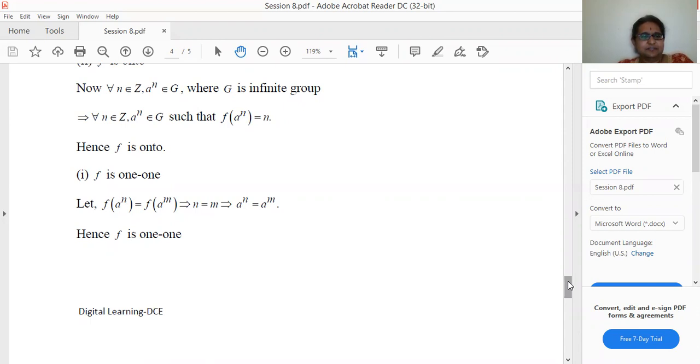That is, if addition is the binary operation for the domain and multiplication is the binary operation for the codomain, then it has to satisfy f of g1 plus g2 is equal to f of g1 dot g2. Only when this condition is satisfied, we say f is a homomorphism. Otherwise, it is not a homomorphism.